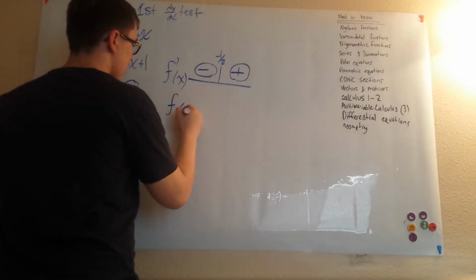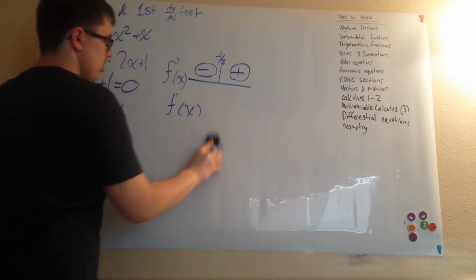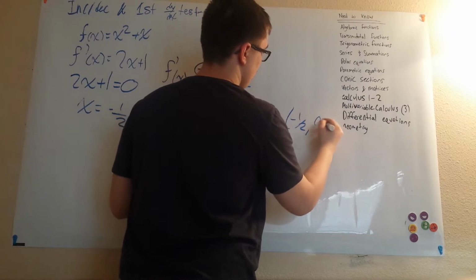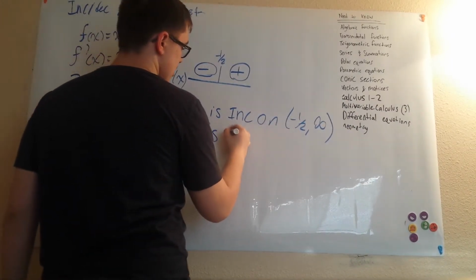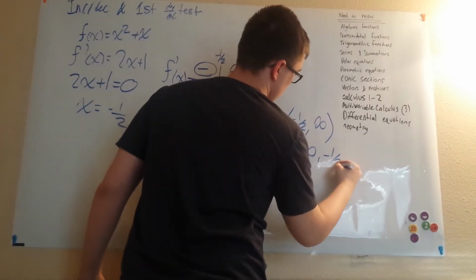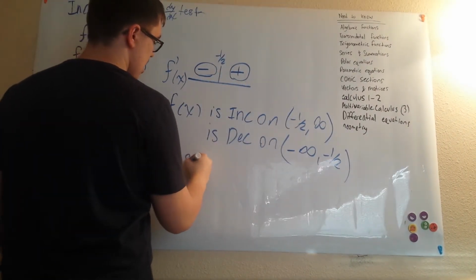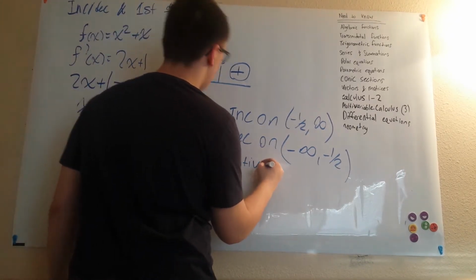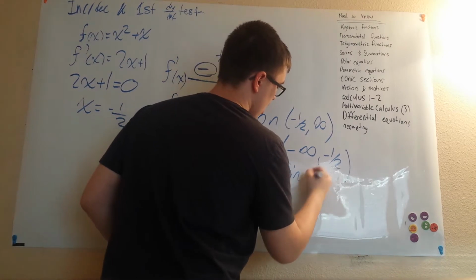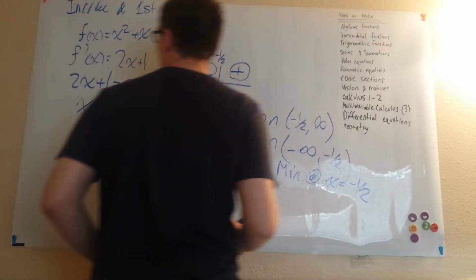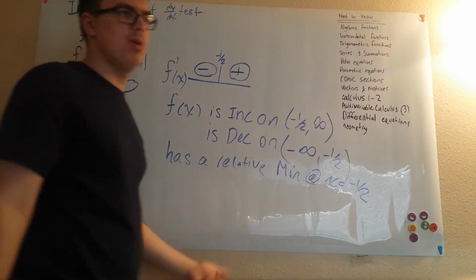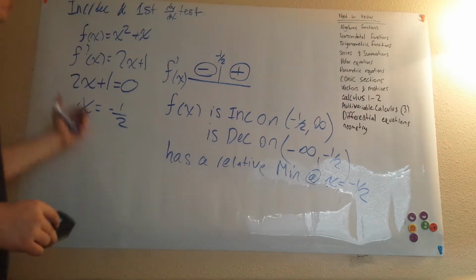This tells you that f of x is increasing on this interval, and it is decreasing on this interval, and it has a relative, well, it's going from decreasing to increasing, so it's a relative min at x equals negative 1/2. Now you can plug that into the function, and you can get back the value of your minimum. So that is the first derivative test.